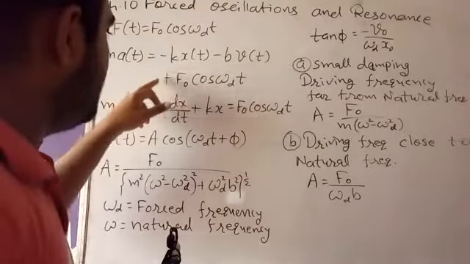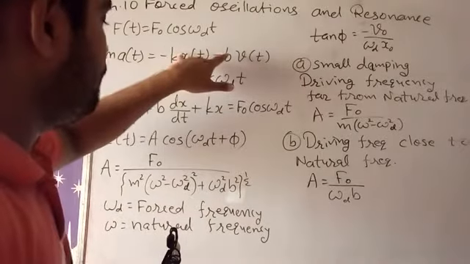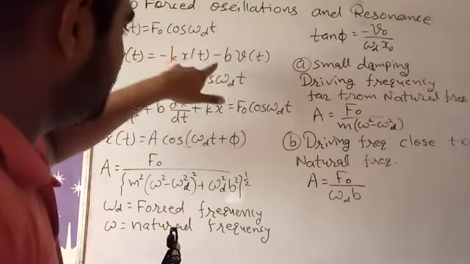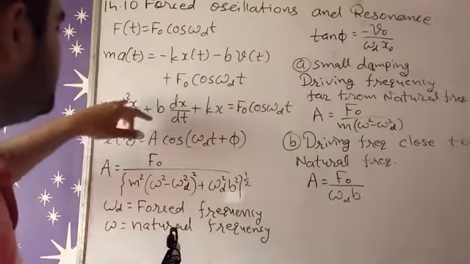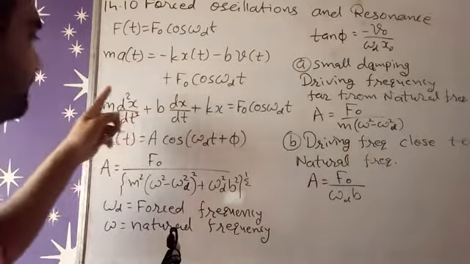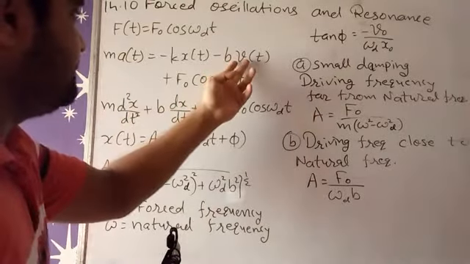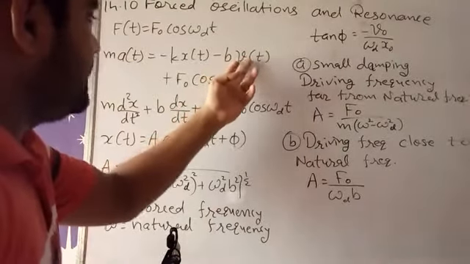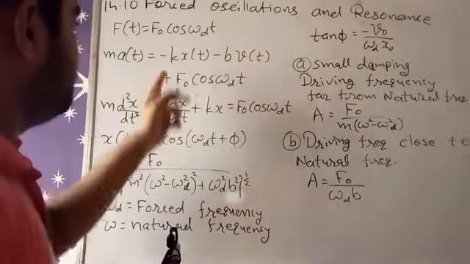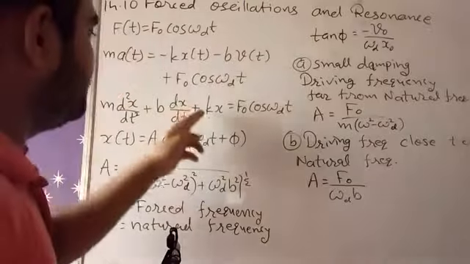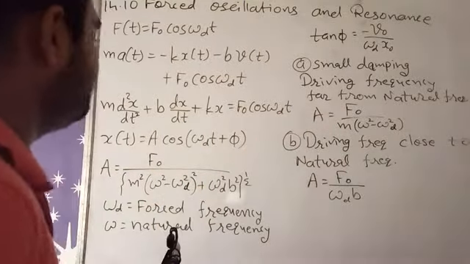That's why here we write the applied force as positive and these as negative, because these two are in exactly the opposite direction. So ma means m d²x/dt², the second derivative of distance, plus b dx/dt plus kx on the left-hand side, equal to F0 cos(ωd t) as it is.